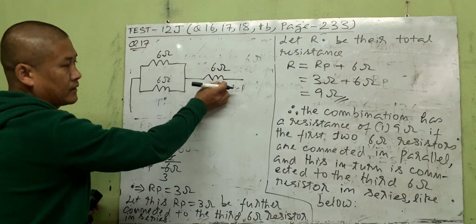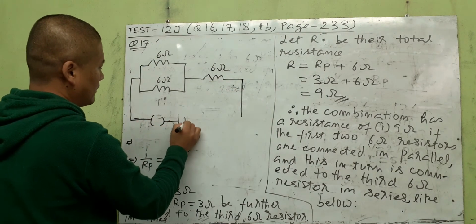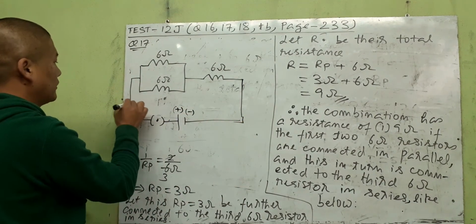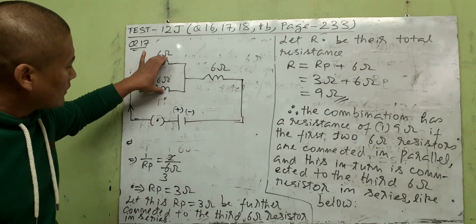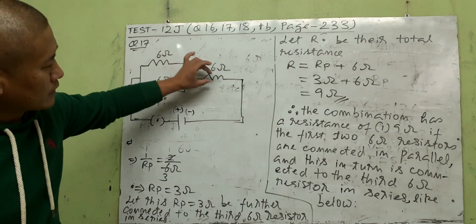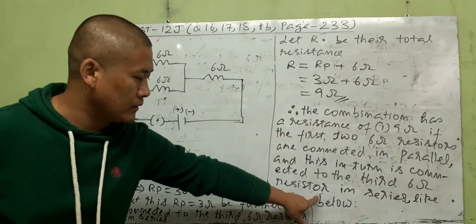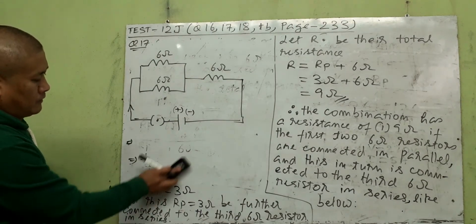Then you have plus minus battery, and switch on means current will flow like this. Then first two in parallel, then this parallel combination connected in series to the third, then you're getting total 9. That's what we mean. So after this statement, we draw this diagram. I hope you got it.